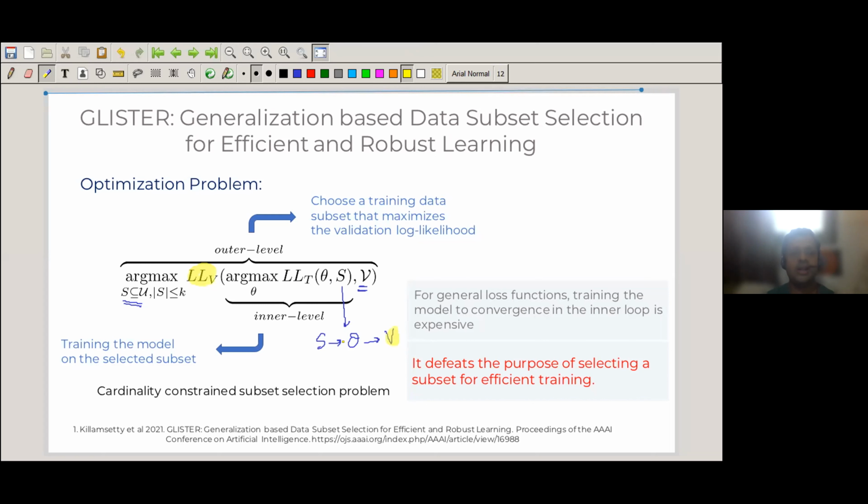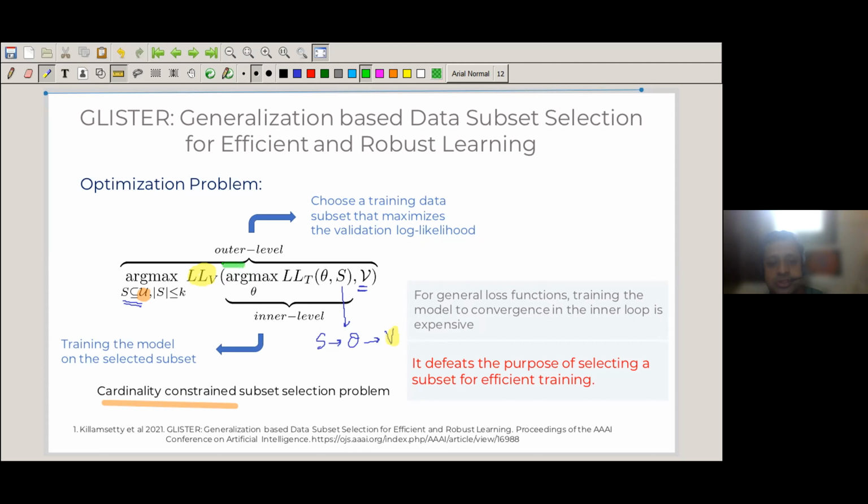So this is called a bi-level optimization problem. You have put a cardinality constraint here. You're saying that I don't want the size of the subset to exceed a particular threshold. So that's called a cardinality constraint. For general loss functions, the inner loop is going to be very expensive. By inner loop, I mean this part.